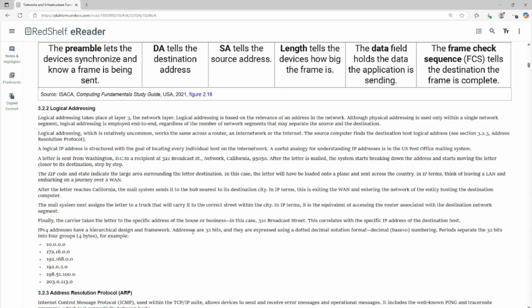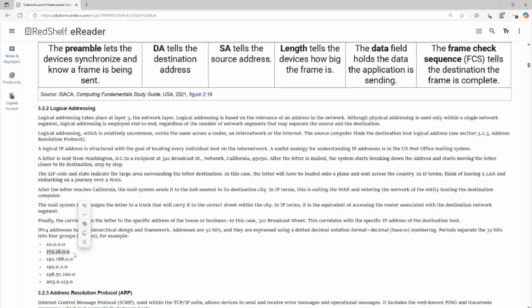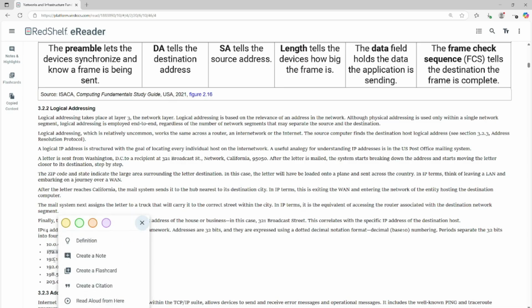The addresses are 32 bits and they are expressed using a dotted decimal notation format, base 10 numbering, period separated, 32 bits into 4 groups, 4 groups of 8 bits, or 1 byte, each. So those are examples of IP addresses. It's composed of 32 bits.